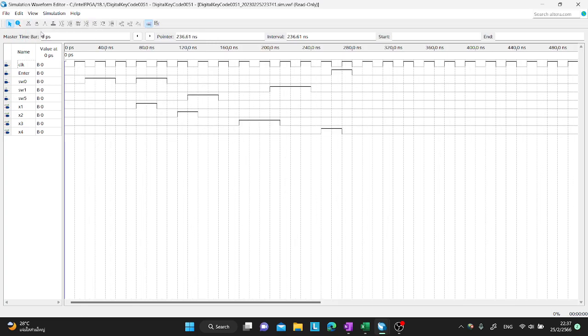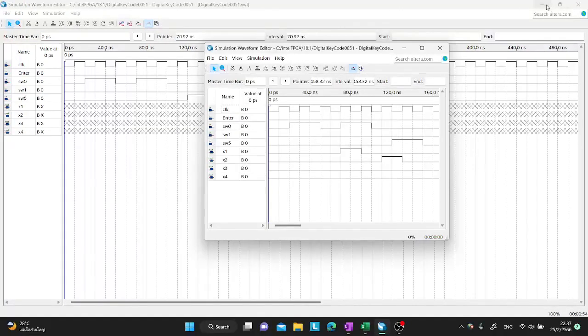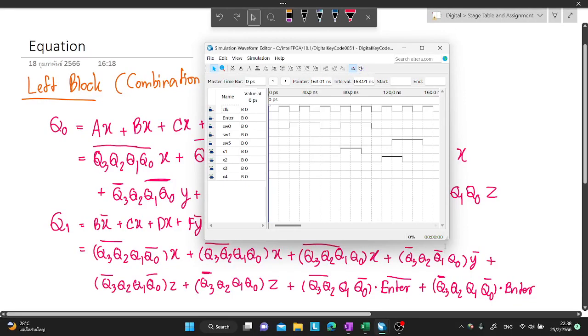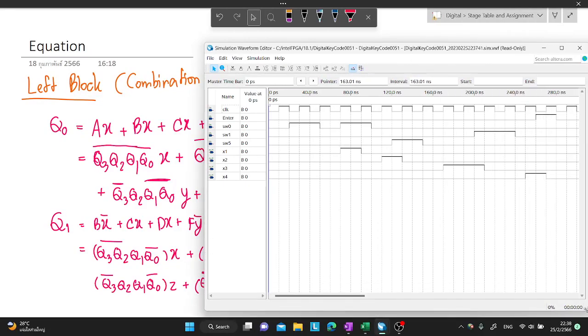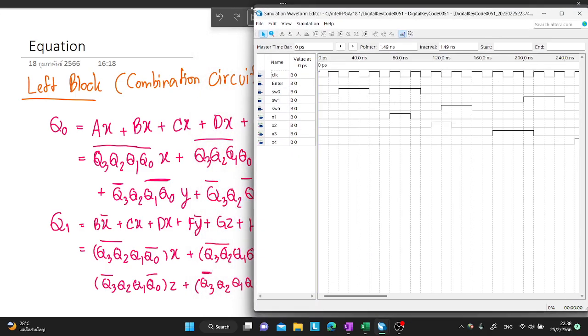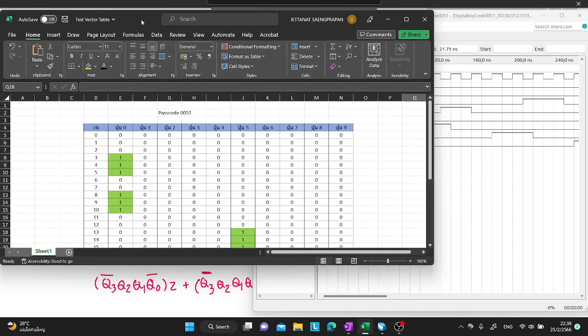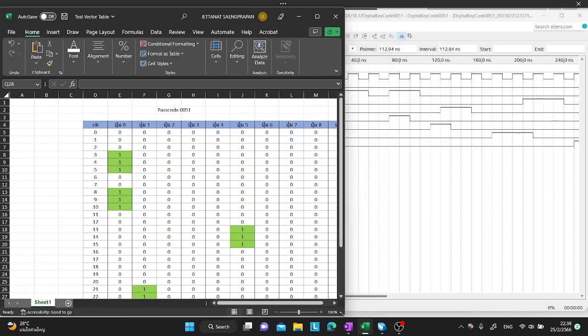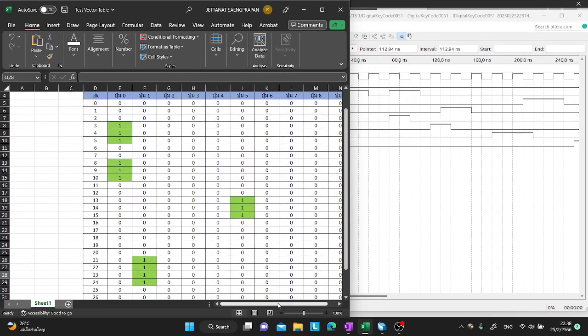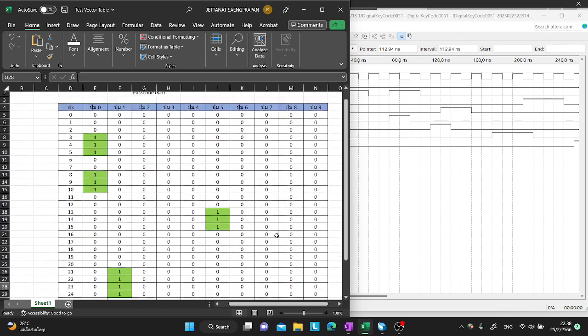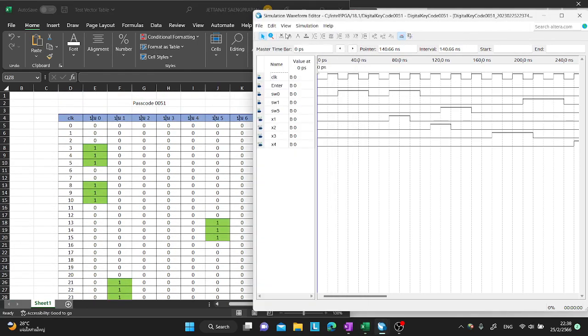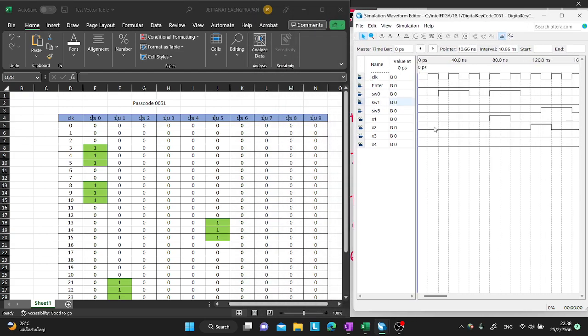So I will explain how this works. I will explain the test vector table.